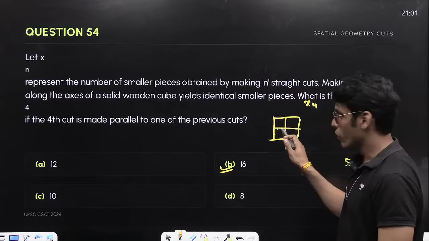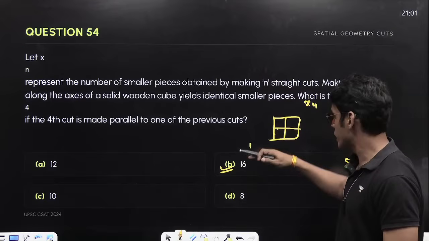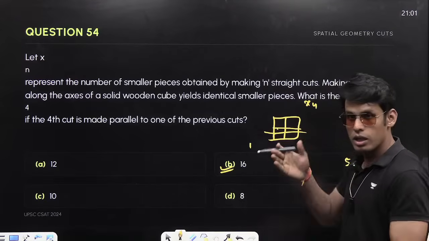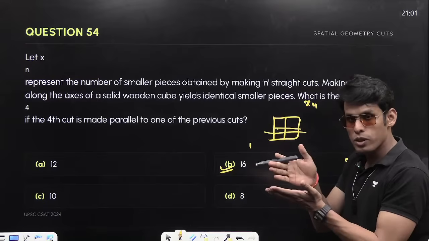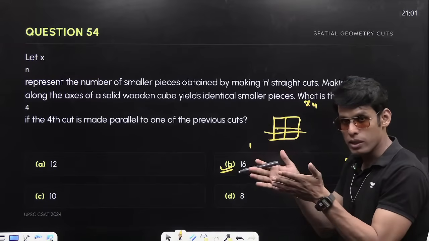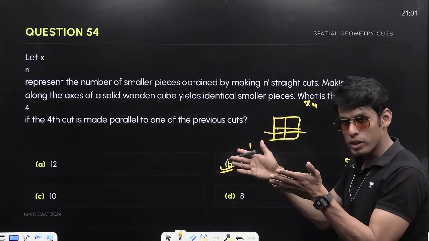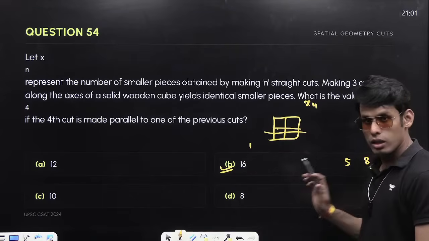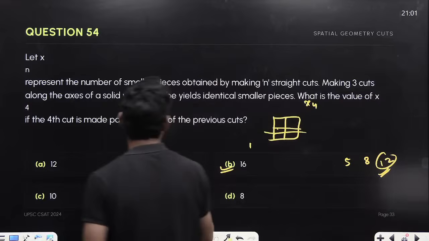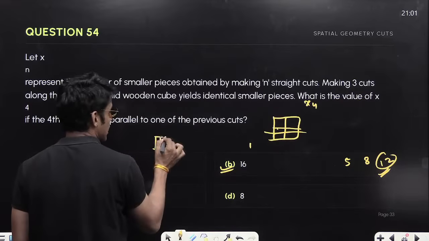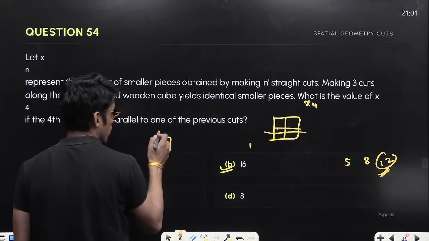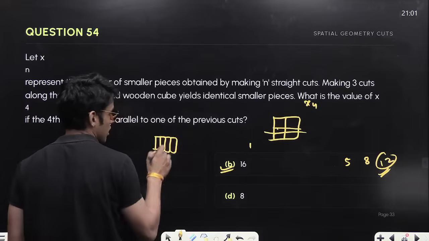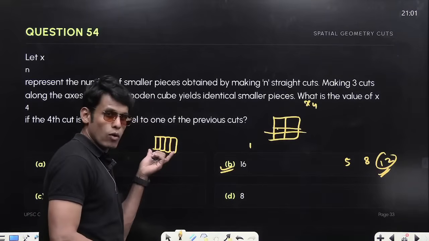See, with these 8 cubes, if I cut it from here, front 4 cubes will get converted into 8 pieces. And then I had 4 more pieces. So 12 is generated. If I had cut it like this, see, 1 cut, 2 cut, and then 3rd cut. So this is the front view of the cube.